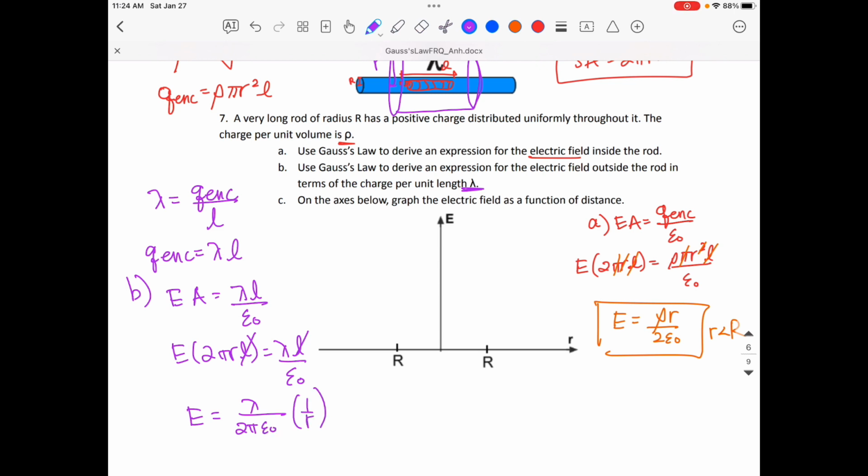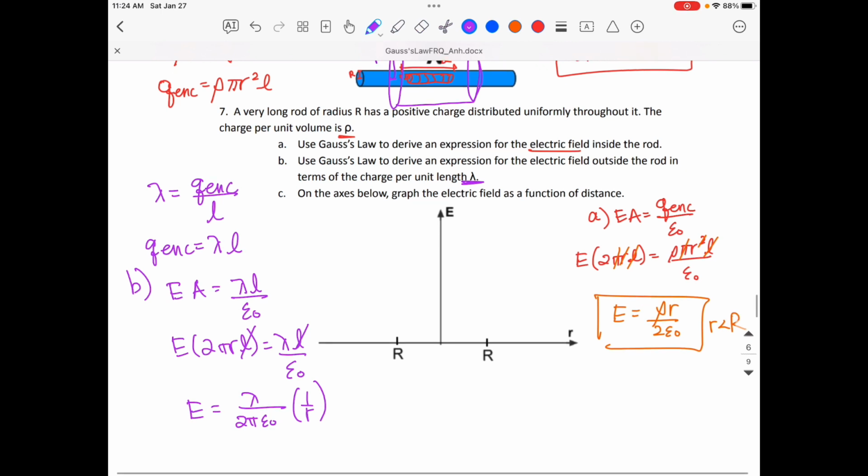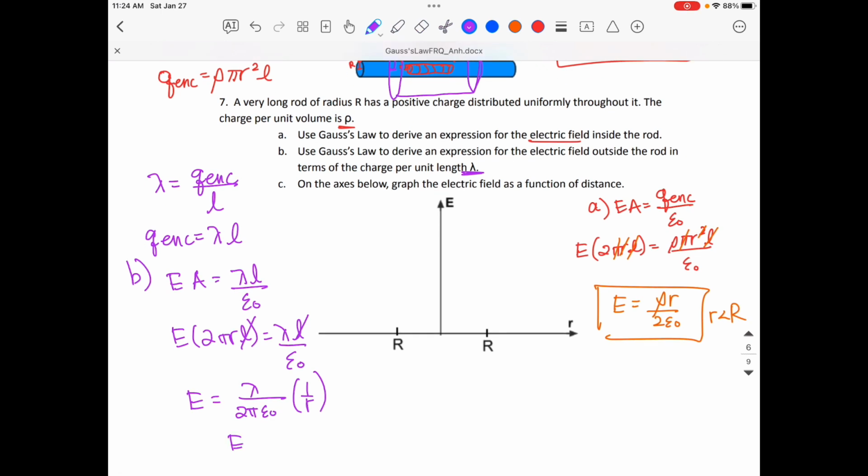And I'm going to write it like this because I want to graph it. And when I'm graphing, I can see that our electric field, when r is greater than the radius of the rod, we have an inverse proportion, versus my electric field when r is less than the radius of the rod, we've got a direct proportion.